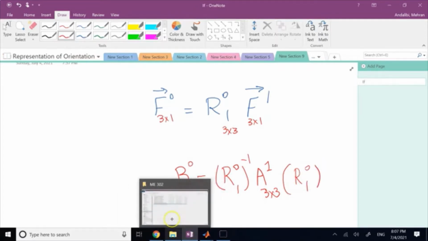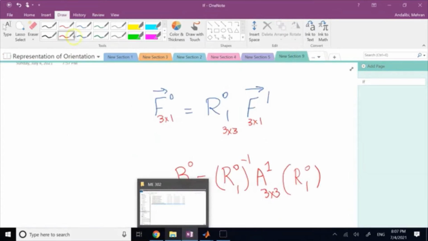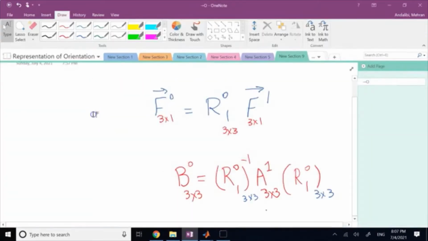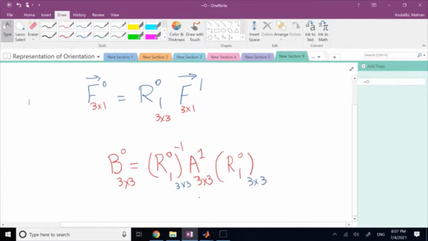Okay, as you clearly can see in this formula. And since everything here is a 3 by 3, you're not going to have any problem. Okay, everything is a 3 by 3. So the transformation can be done.